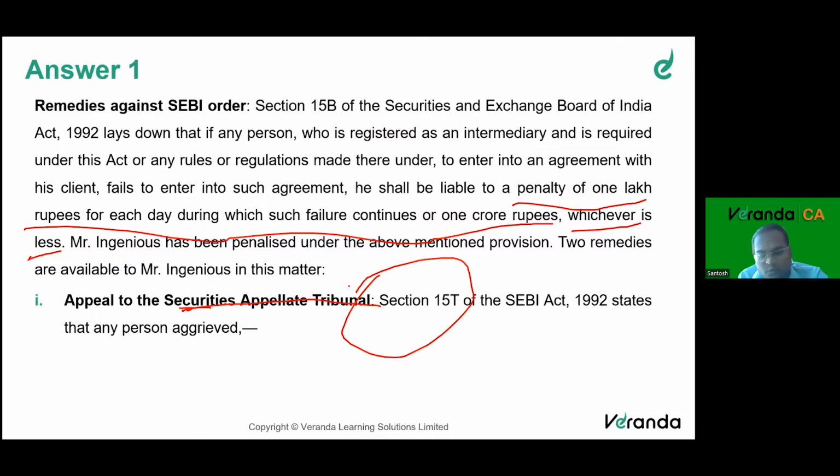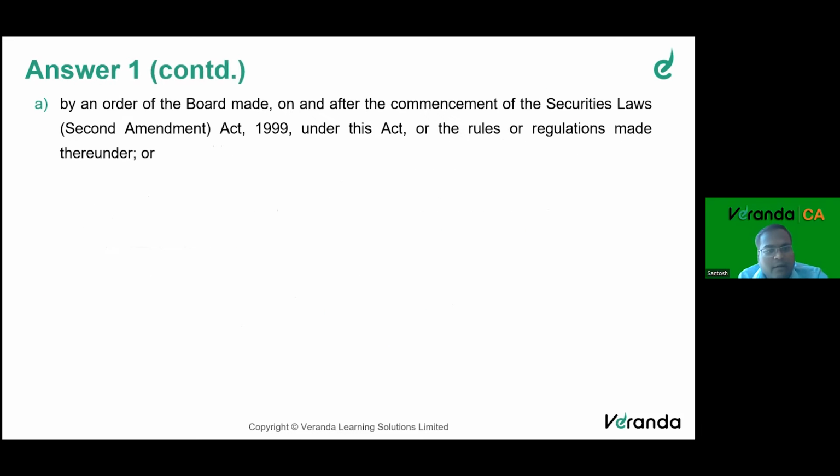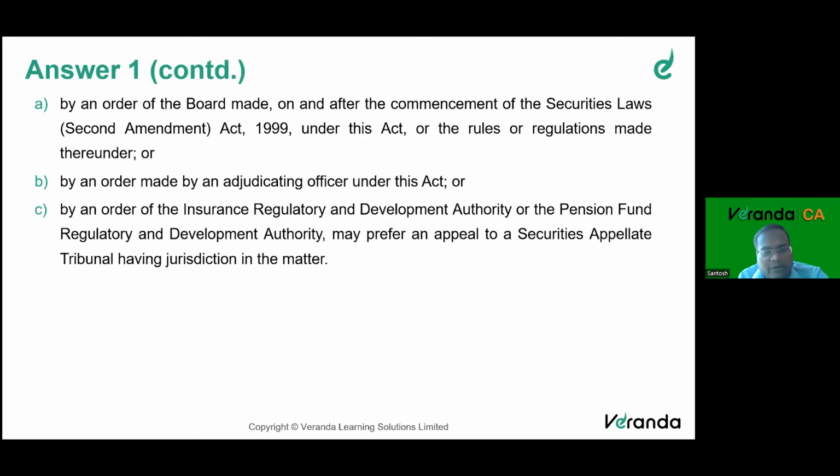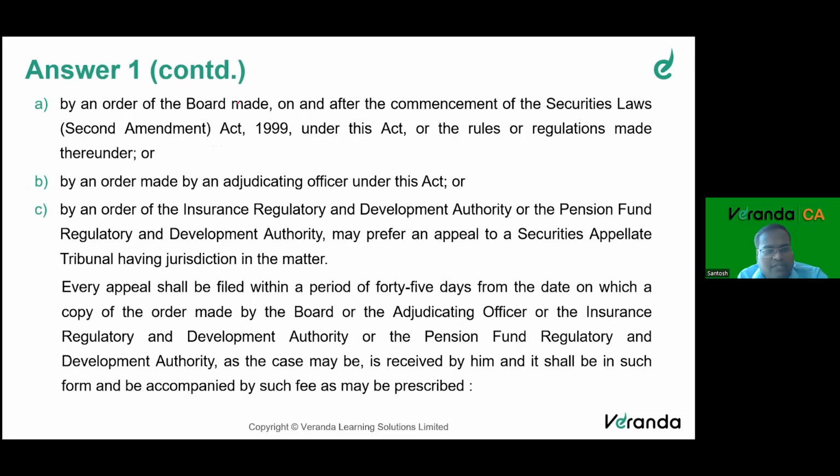Now let's understand how you can get an order. The first thing is, the order can be made by the board on or after the commencement of the act. The board in this case is SEBI.